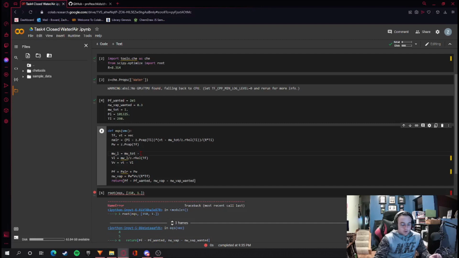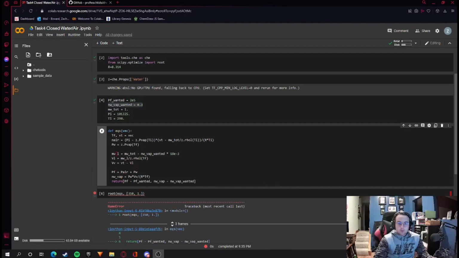And we know the mass of the vapor phase is the moles that was given to us right here times the molecular weight of water. So that'll look like wanted times 18 e to the negative 3. And that's our mass of water in the liquid phase.